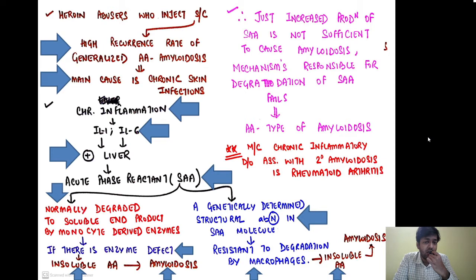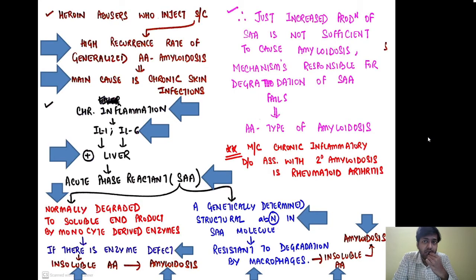Again, an insoluble AA protein gets deposited extracellularly, causing amyloidosis. Therefore, just an increased production of SAA is not sufficient to cause amyloidosis. The mechanisms responsible for degradation of SAA fail, giving rise to AA type of amyloidosis.